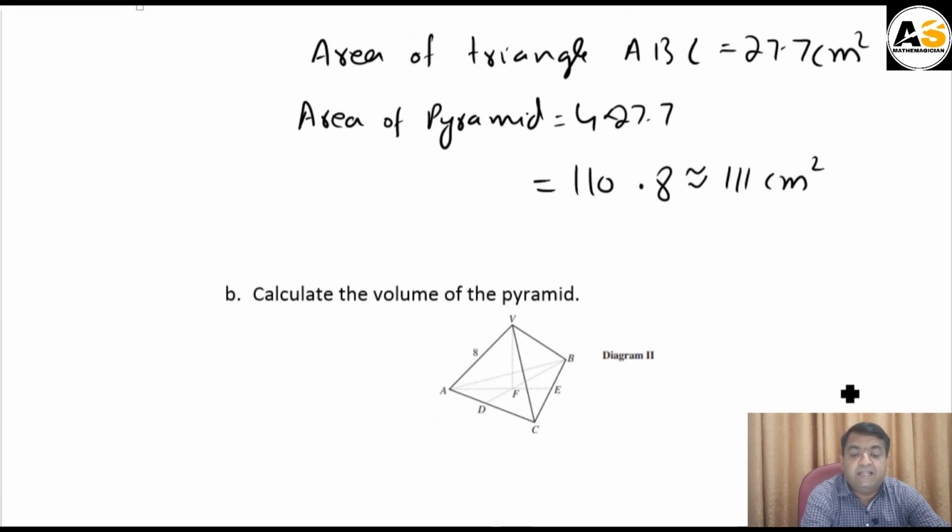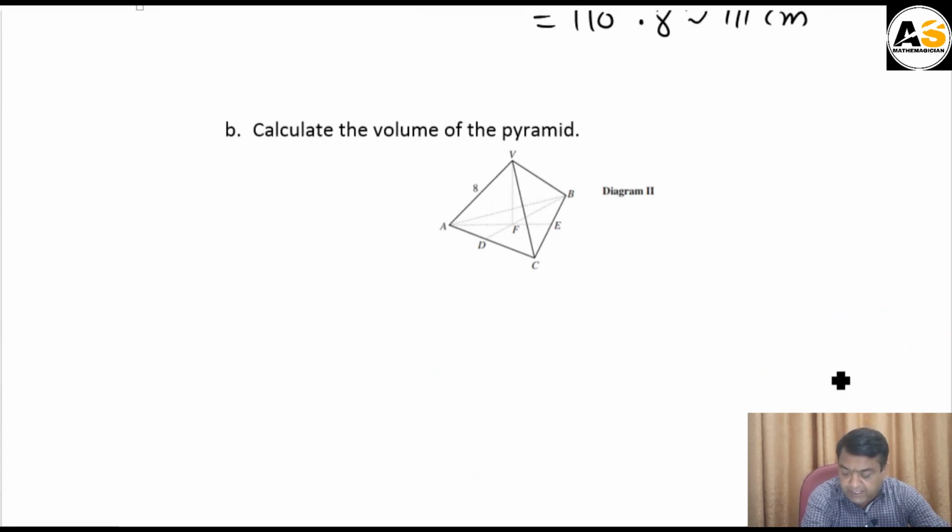Now we have to find the volume of the pyramid. What is the formula for the volume of the pyramid? Base area 27.7 multiplied by height divided by 3. What is this AF length? We calculated in part 1. AF is equal to 4.62. And what is this? This VA is equal to 8. So what will be the height of the pyramid?